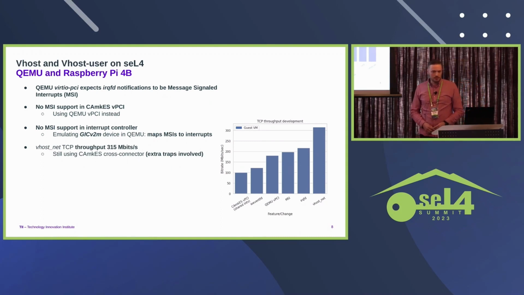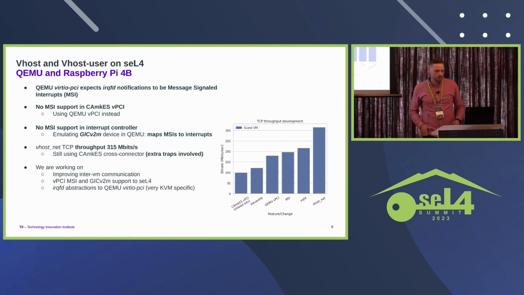If you remember, last year we had something like 3 megabits, so it's an improvement, but obviously we can do better still. As I said, we are still using the CAmkES cross connector, and we know there are some extra traps involved, so we should be able to improve that.